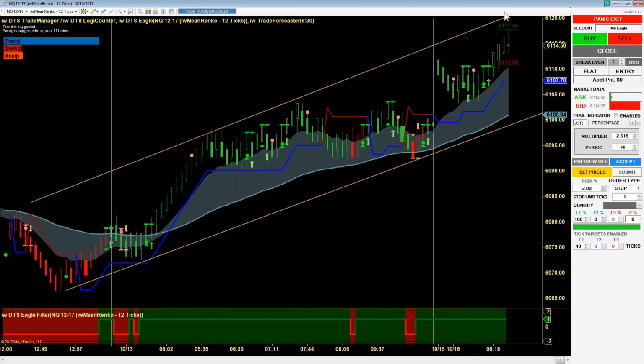If I'm going to have a short, it's going to be up here from around 6120. And if I'm going to have a long, it's going to be down here around 6100. Okay, there's your trading plan.